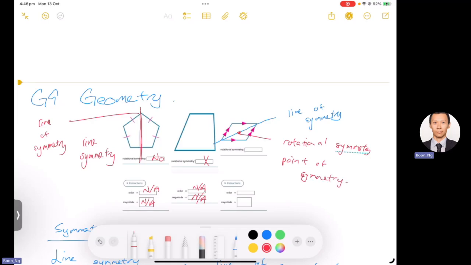So is it a rotational symmetry? Yes. You need to actually rotate 180 for it to map itself. So the magnitude is 180 degrees, and the order will be 2.